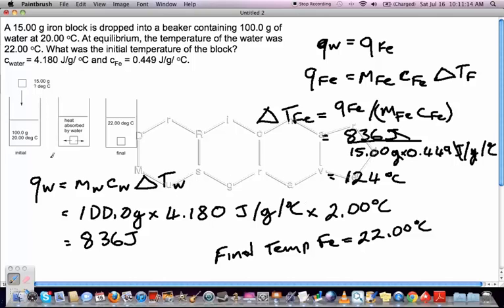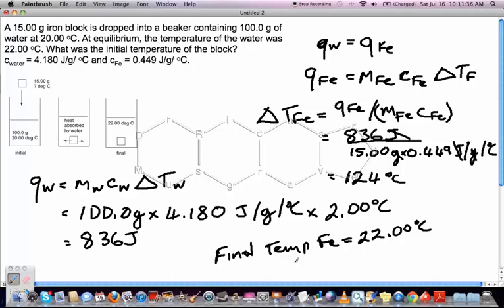Now, as we know, the temperature of the water went up. So what must have happened is that the temperature of the iron must have gone down, which means that if this was the final temperature of the iron, the initial temperature would have been this plus whatever the change in the temperature of the iron was, which was 124 degrees Celsius.